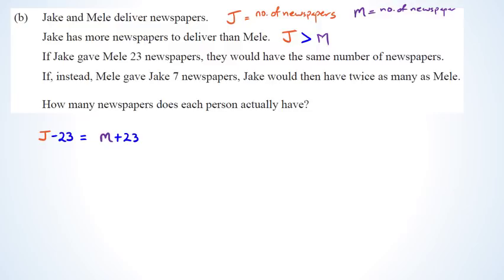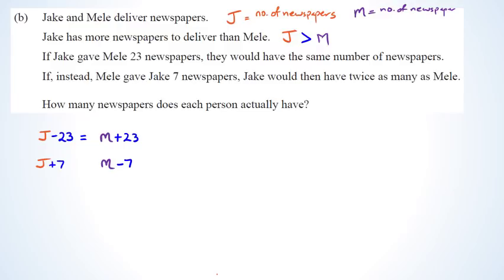Now if you look at the next one, if instead Melee gave Jake 7 papers, Jake would then have twice as many as Melee. So what I'm going to do is put down J and M first. Now it says if Melee gave Jake 7 newspapers, so that means she is losing 7 newspapers while Jake is gaining 7 newspapers.